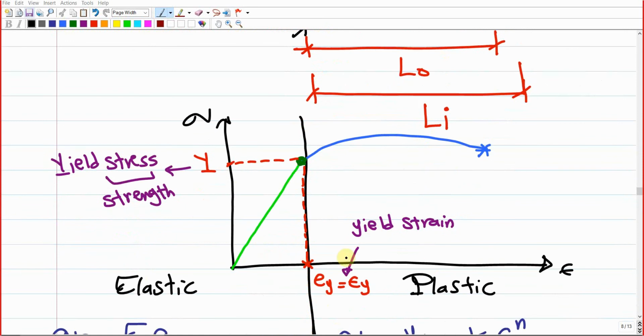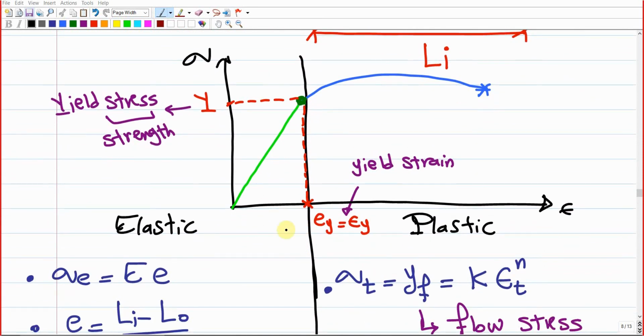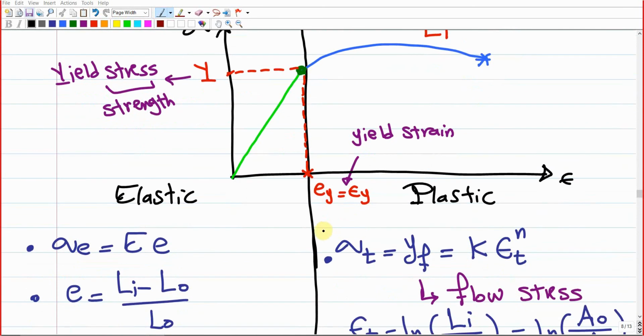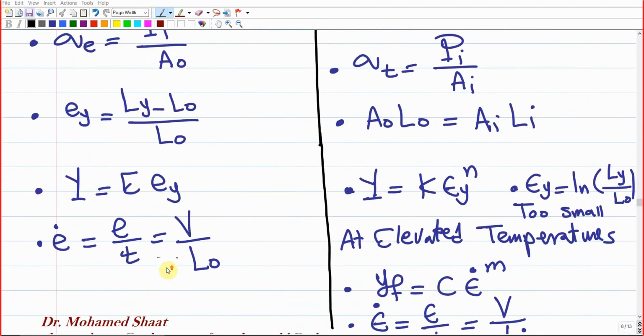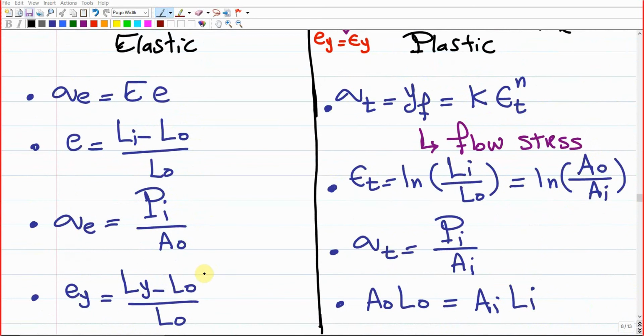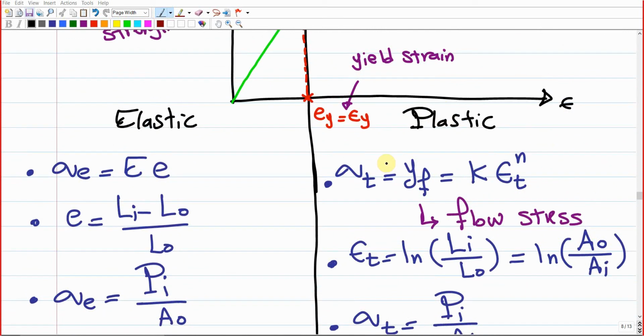So if we did the tensile test, we shall end up with a typical shape or example of this stress-strain curve. We do have the elastic region as usual, which is a straight line. In the plastic region, we have this curved part. These are the equations that we discussed for the elastic region, which we used in the mechanics of materials class, but these are the new equations that we shall use in this course, since we're going to move to the plastic zone.